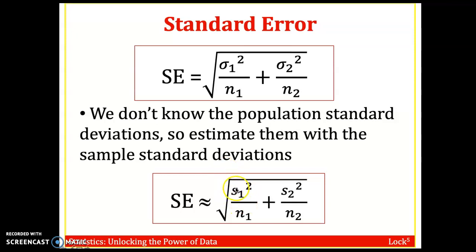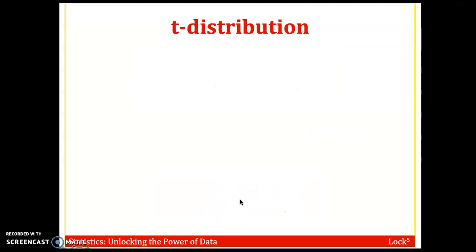Remember, we use lowercase s to denote sample standard deviations. And if you remember, going back to section 6.2, we made the assumption that if we only know sample data, we do not know the population standard deviation, and we're going to use the student t distribution.